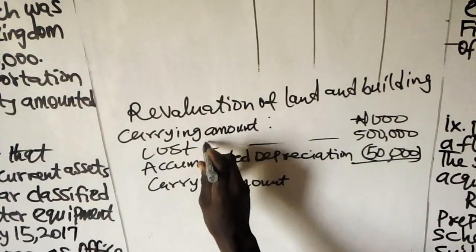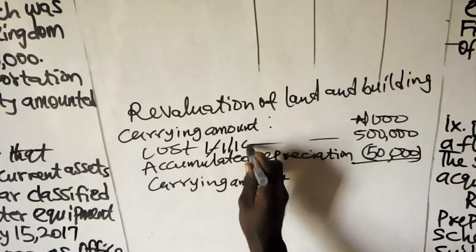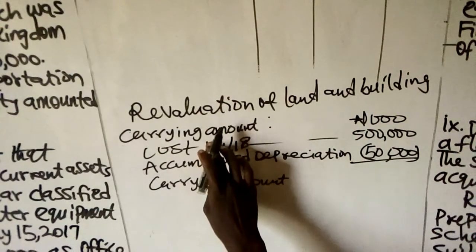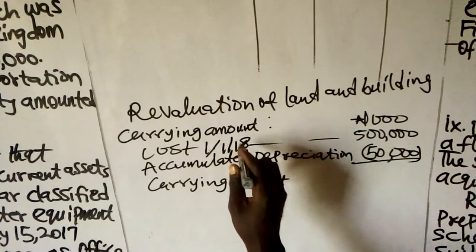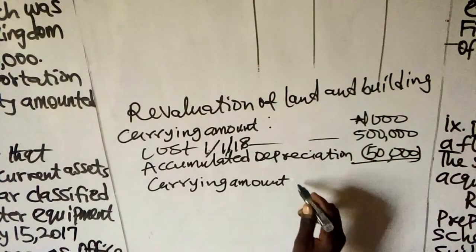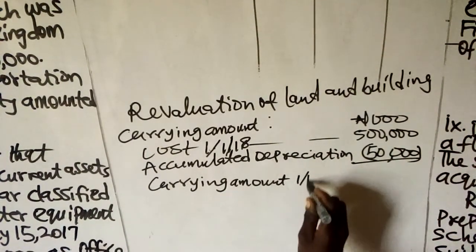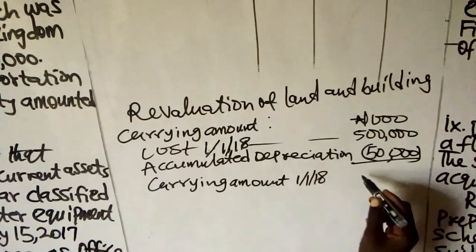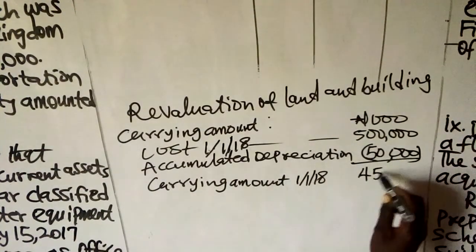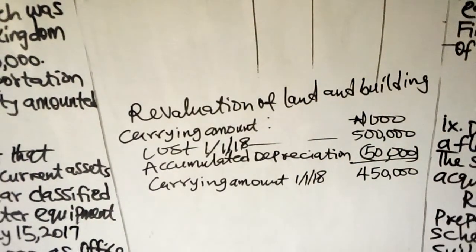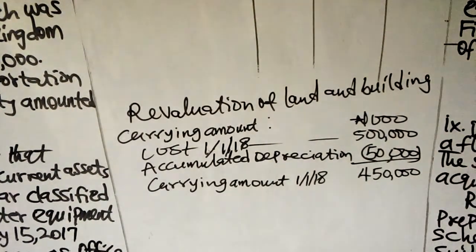This is cost as at 1st of January 2018 or 31st December 2017. The closing balance as at December 2017 will be the opening balance as at January 2018. So the carrying amount will be 450,000. That is the carrying amount.